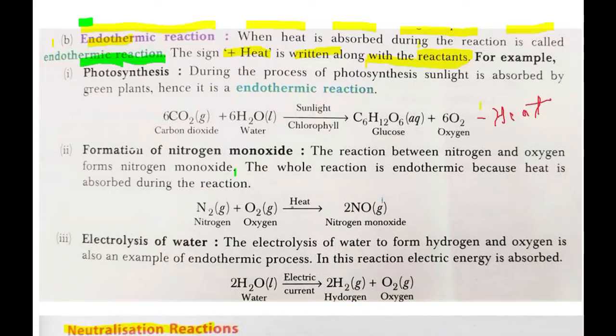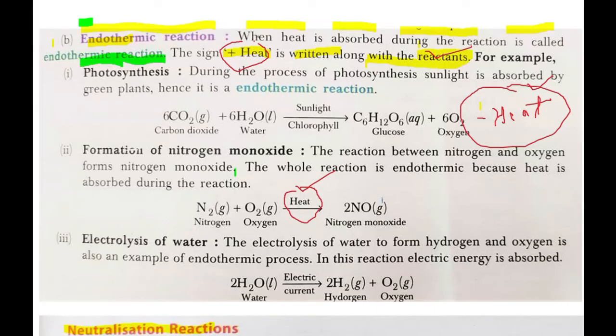Or you can also write it on the top of the arrow. So there are three ways to represent an endothermic reaction: either write plus heat on the reactant side, or write minus heat on the product side, or simply write heat or energy on top of the arrow.